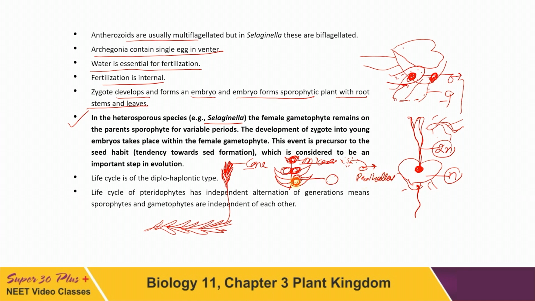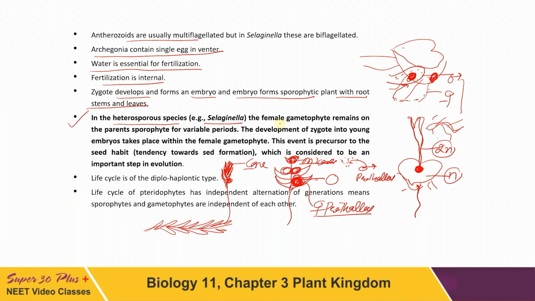While the female megaspore still remains attached to the mother plant, it will develop into the female prothallus. This is interesting: the male prothallus is released, while the female prothallus still remains attached to the mother plant.